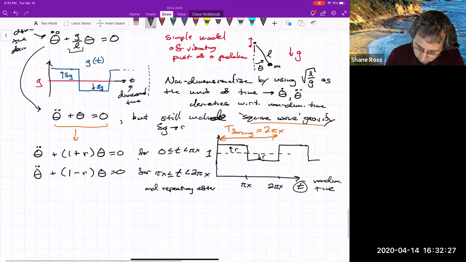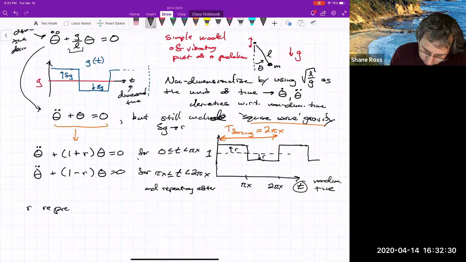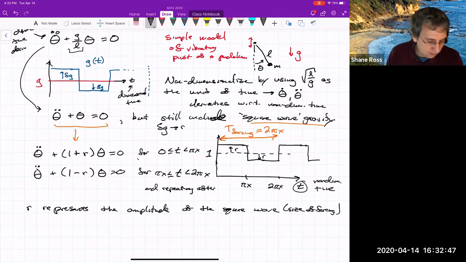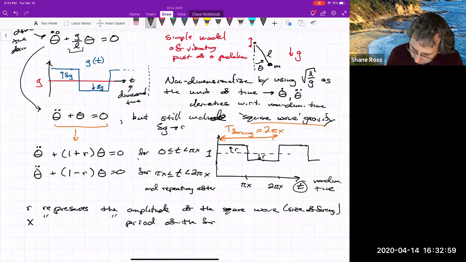So here, what is R? R represents the amplitude of the square wave. So the size of the forcing, if you want. X represents the period of the forcing. It's related to 1 over the frequency of the forcing.